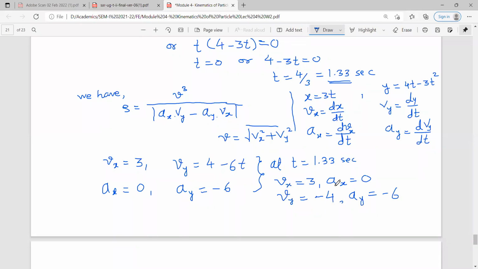And apart from these values, we also need the total velocity, the resultant velocity.